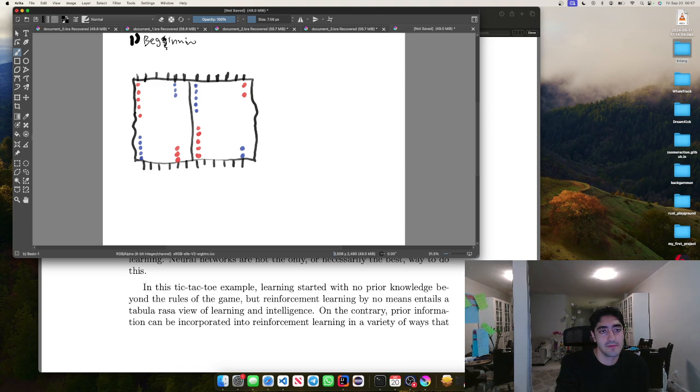Beginning, middle game, which is probably, this is where we can generalize.